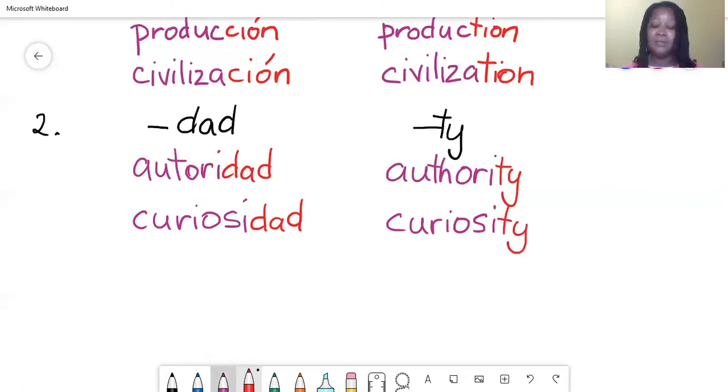See how easy this is? I guarantee that by the time we're done with this lesson today, you're going to just walk around and find all of these words, and you're going to say, well, I know that word. I know that word. That word is, and that word is. And you're going to seem as if, oh, you are so brilliant. You've learned Spanish overnight. It's just a little trick to the trade. Don't worry about it.